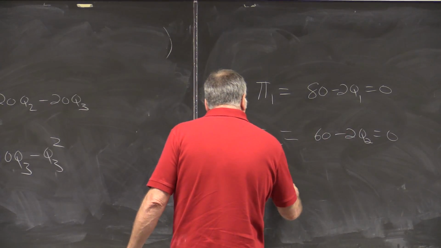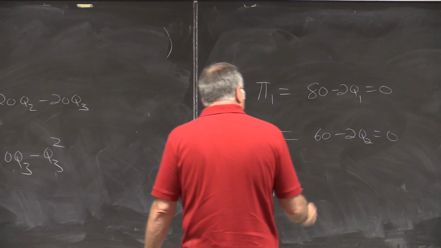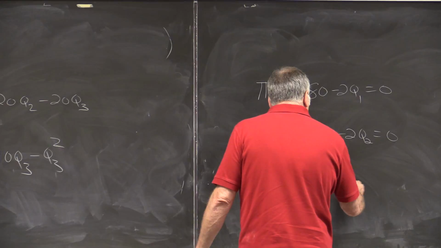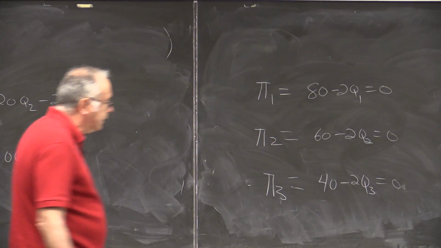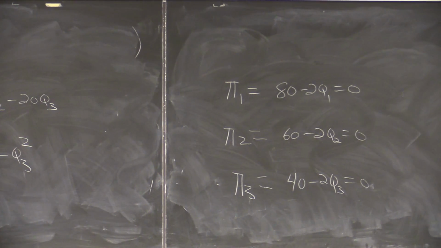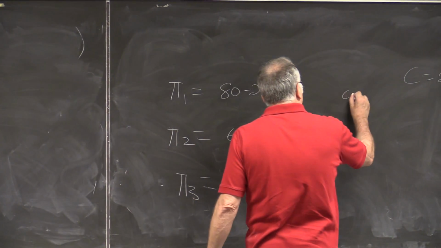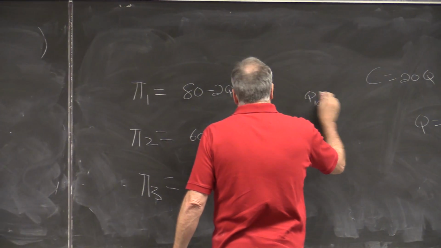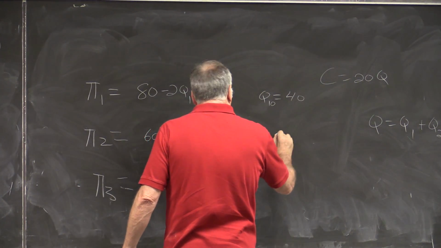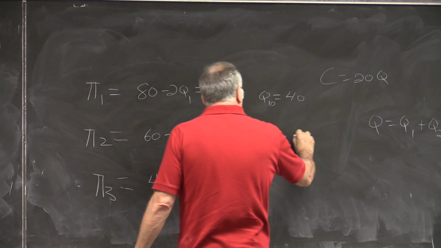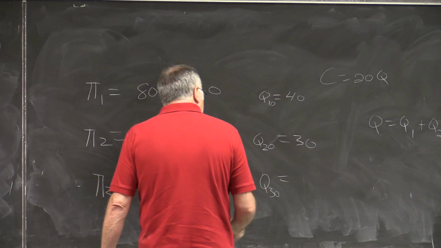Pi 3 is just 40 minus 2Q3, set equal to 0. In this case, it's very easy to solve. This equation only involves Q1. The critical value of Q1 is 40. The critical value of Q2 is equal to 30. The critical value of Q3 is equal to 20.